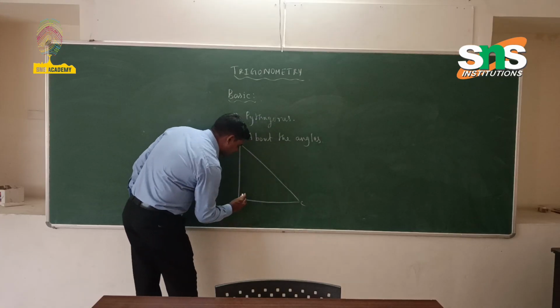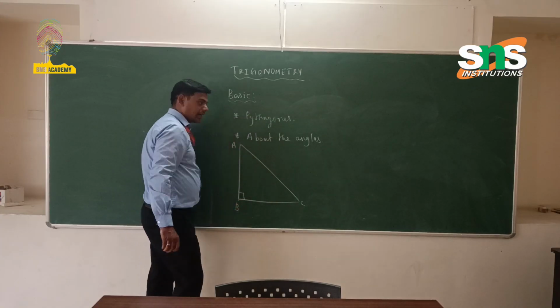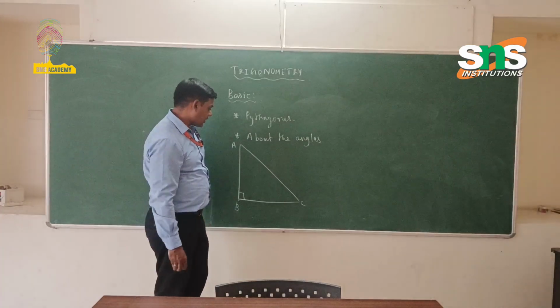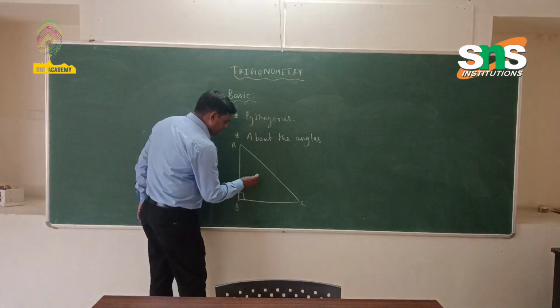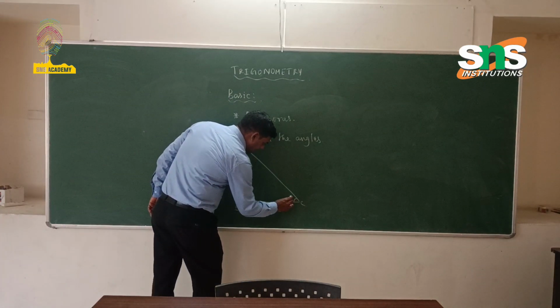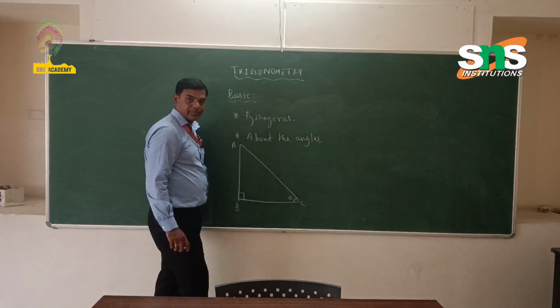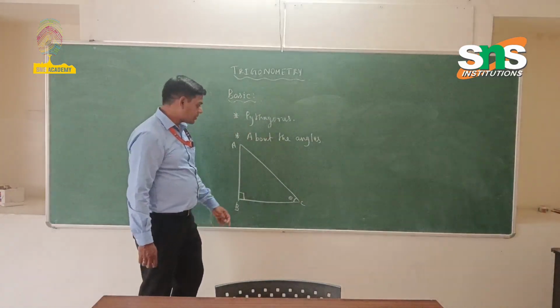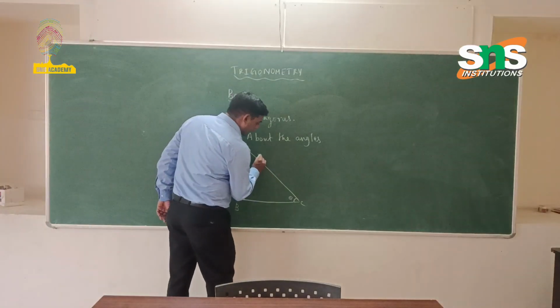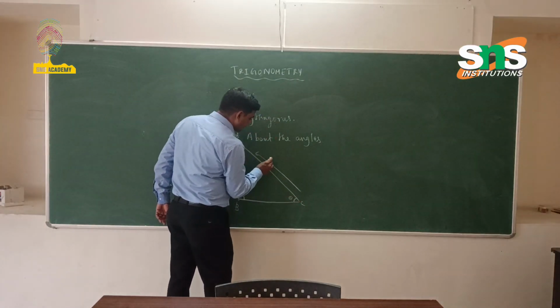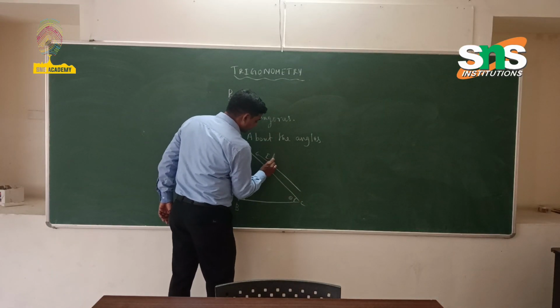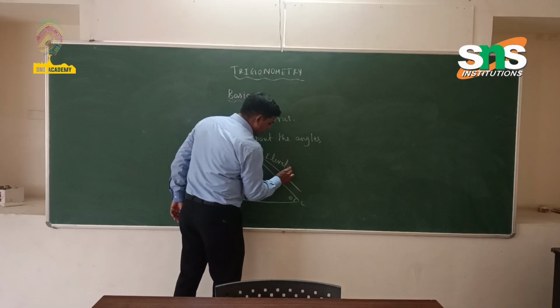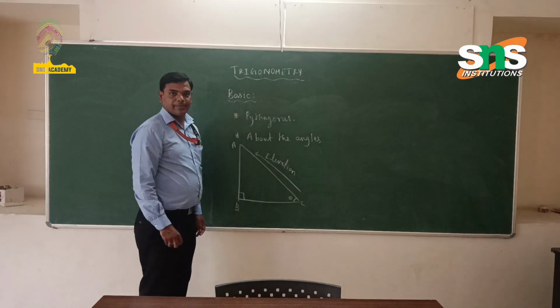This trigonometry concept is always used for a right angle triangle. If I take the angle in this place, it is theta. If I take the angle in this place, this is called the angle of elevation.